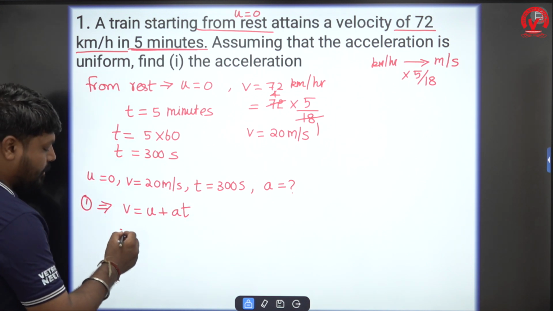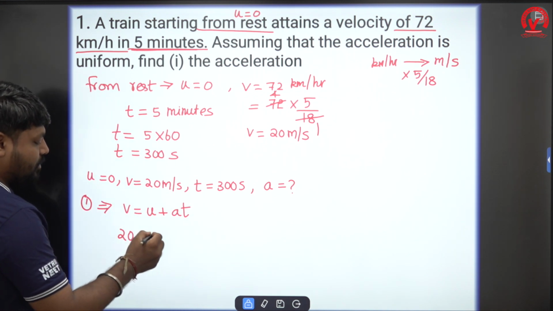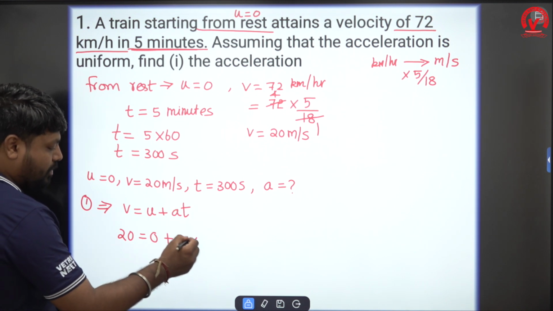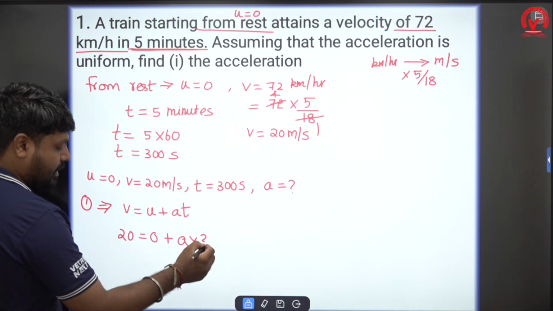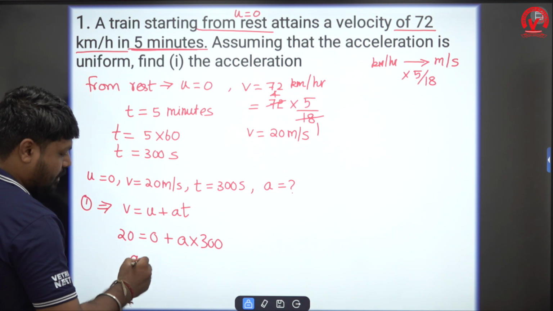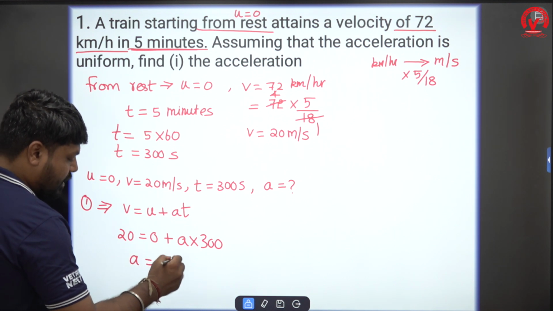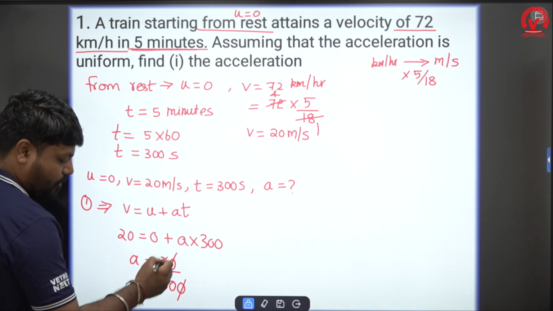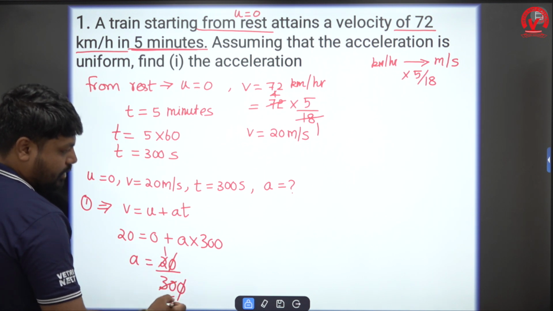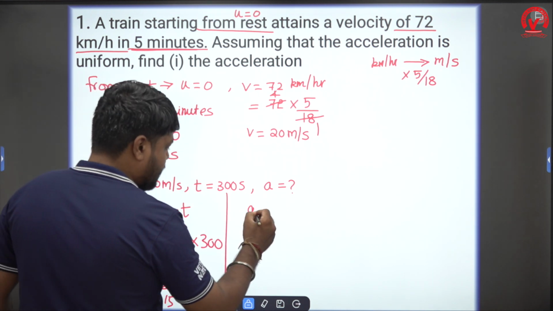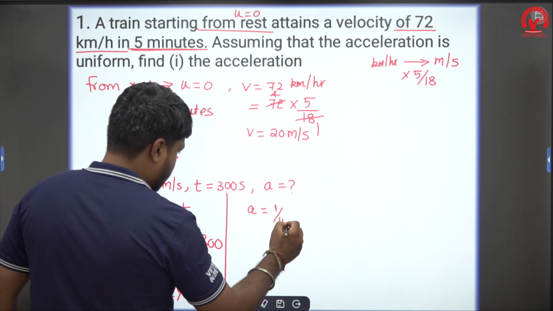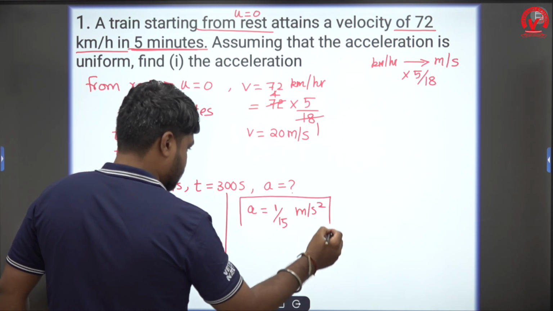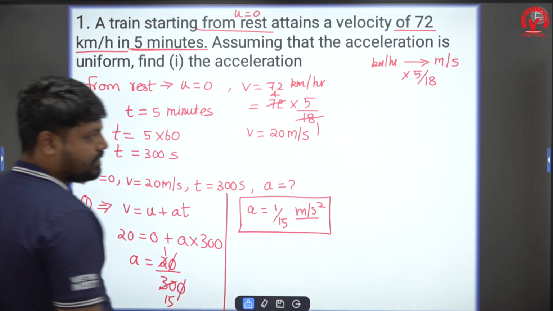So v is 20, which is equal to u, 0, plus a, that we have to find, into t, which is 300. So a is equal to 20 divided by 300. 0 0 cancel, 1 2 is to 15 2s are 30. So acceleration is equal to 1 by 15 meter per second square. This is the answer. What is the unit of acceleration? Meter per second square, right?